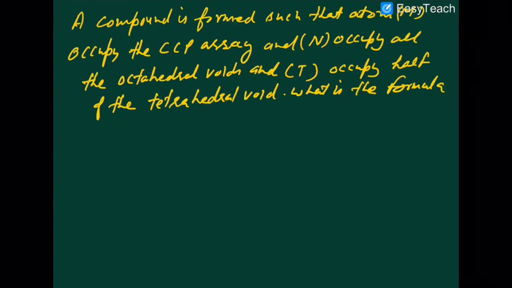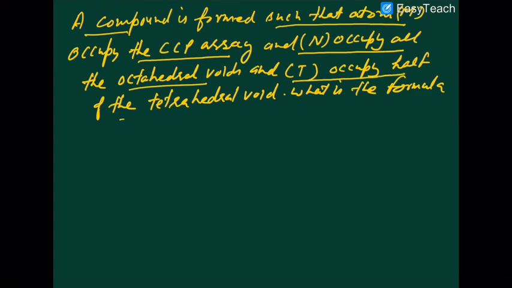Now let's look at one question. A compound is formed such that atom M occupies all the CCP array, atom N occupies all the octahedral voids, and atom T occupies half of the tetrahedral voids.